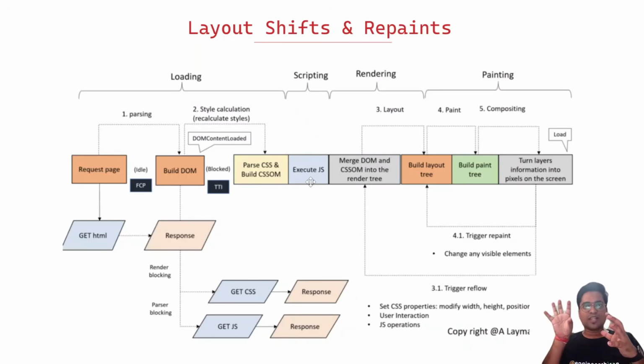So there was a DOM, there was a CSS, now the CSSOM, the rules for the CSS, was generated. Both of them get merged in order to create your render tree. This is a very important phase we have to understand, right? You created certain rules. With that, we have the CSSOM, we have the DOM tree, which talks about the structure and different divs and different layouts that you have in your DOM tree. And now both of them got merged in order to create a render tree.